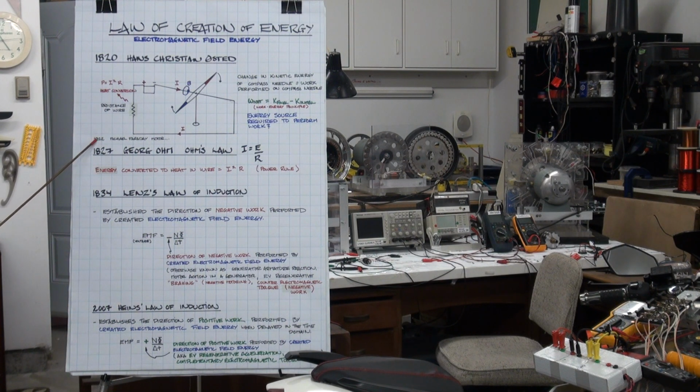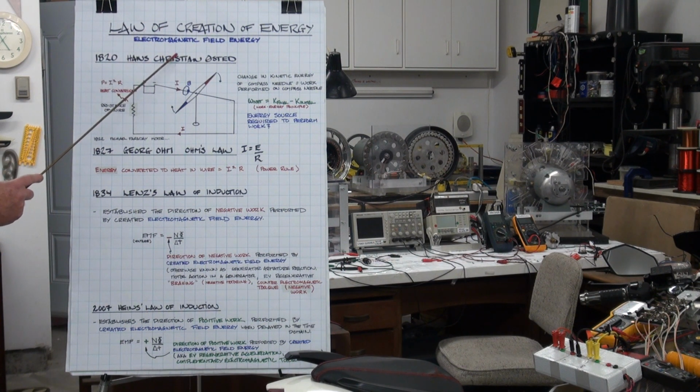Similarly, in 1822, when Faraday made his first electric motor, he also would not have been aware that the work being performed by his electric motor was being performed by electromagnetic field energy that was being created.